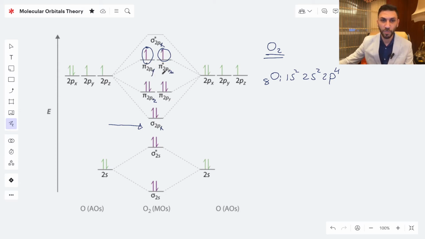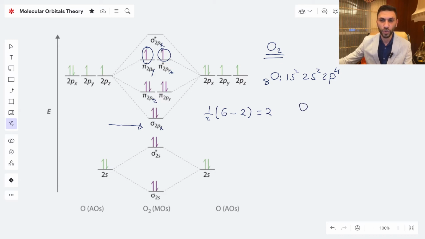Now let's check the bond order here. The bond order equals half multiplied by all the bonding orbitals. It's going to be 2, 3, 4, 5, 6, minus 1, 2 in the anti-bonding, so minus 2, which equals 4, multiplied by half is going to be 2.